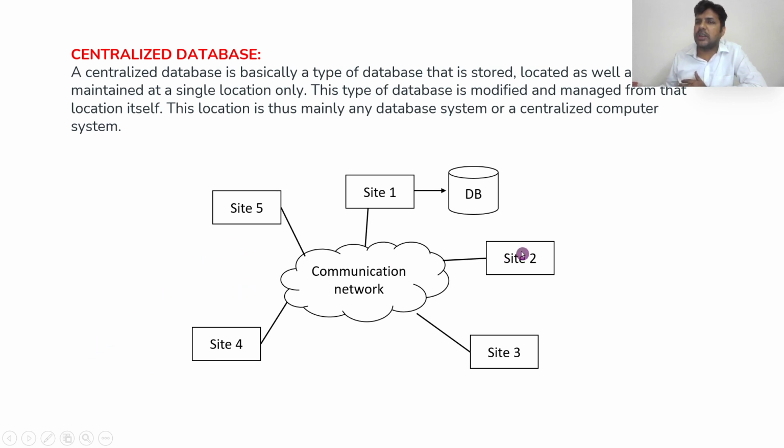But when a student tries to access the data, it will get the data from the database at site 1. So what you understood is, now your database is single but the sites are different. Your database is located in one area, and from that area only it connects through the internet.